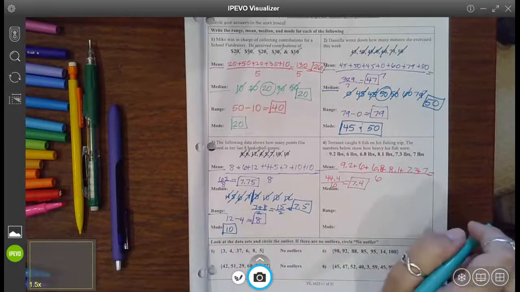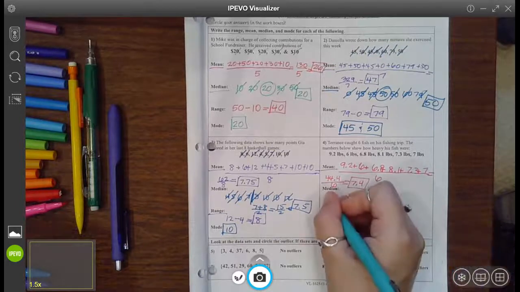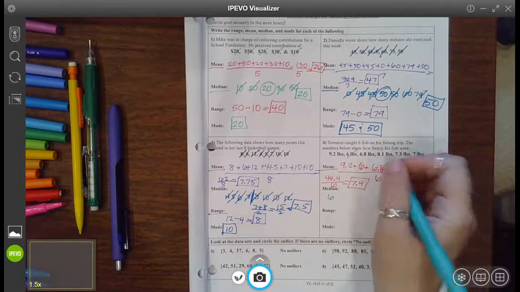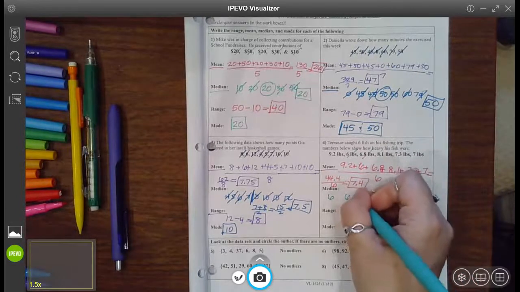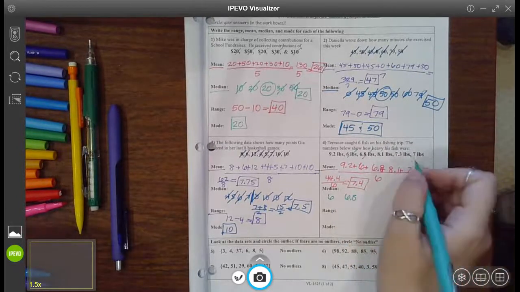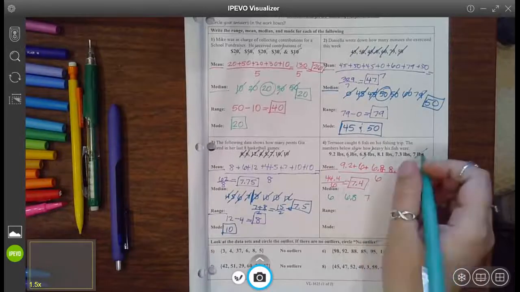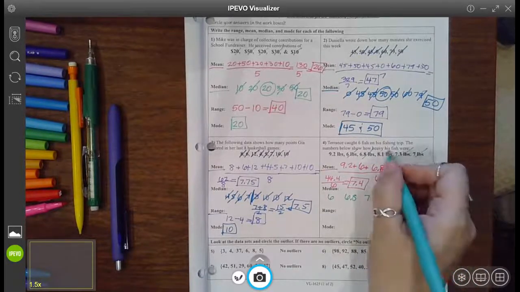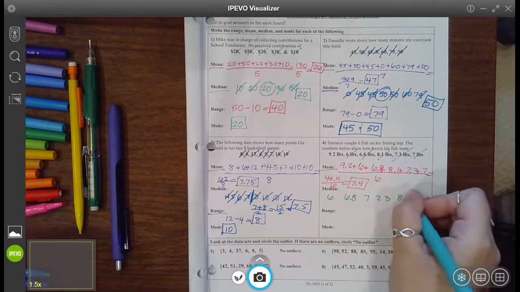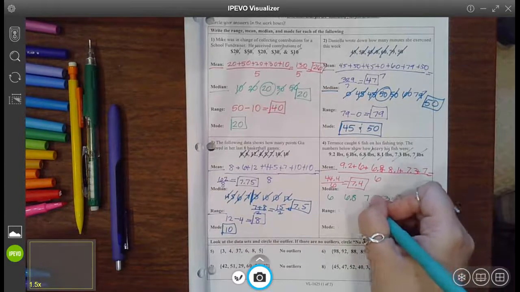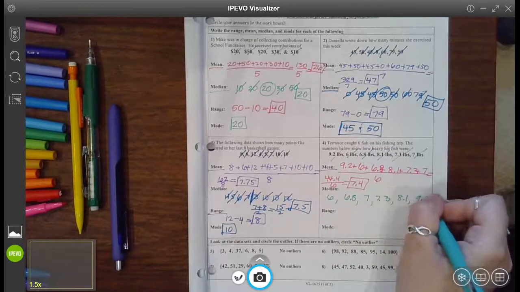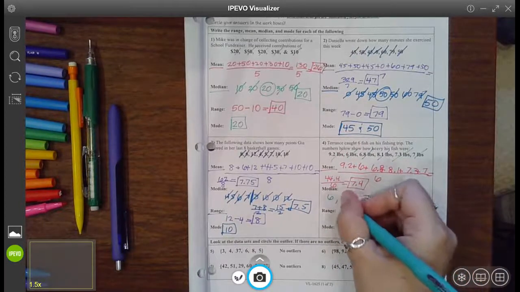Okay, your median. Put them in order from least to greatest. The smallest I see is 6, then 6.8, then 7, and then 7.3, 8.1, and finally, I'm going to put commas between these, finally 9.2. Okay, 1, 2, 3, 4, 5, 6 numbers.